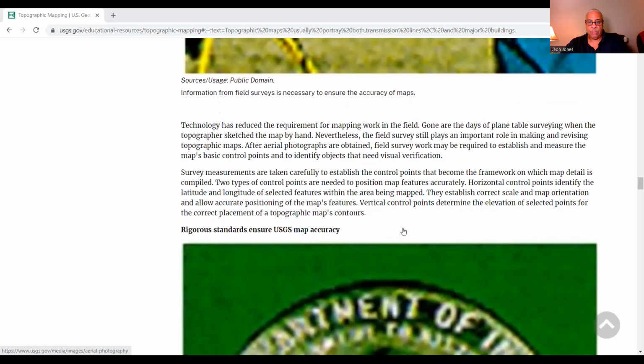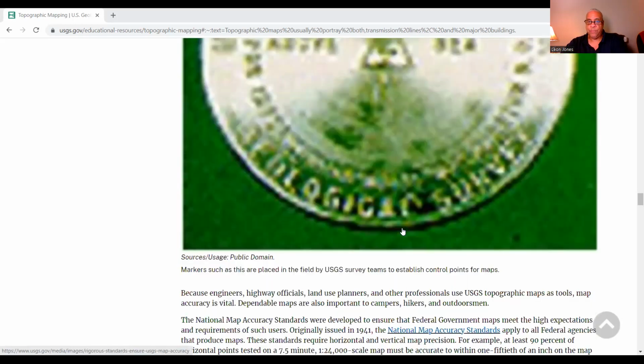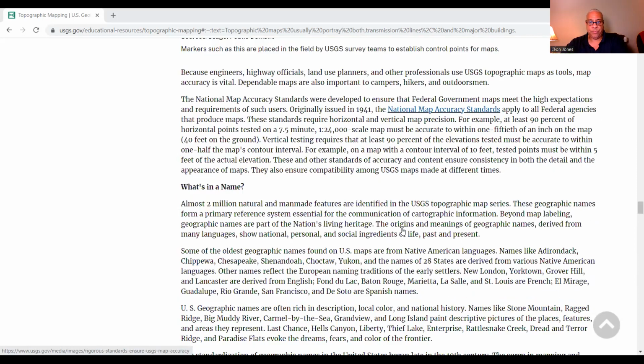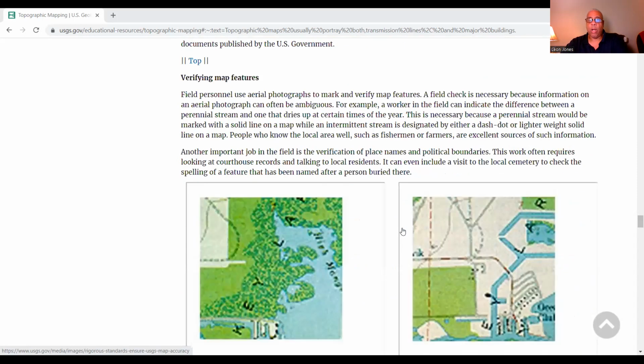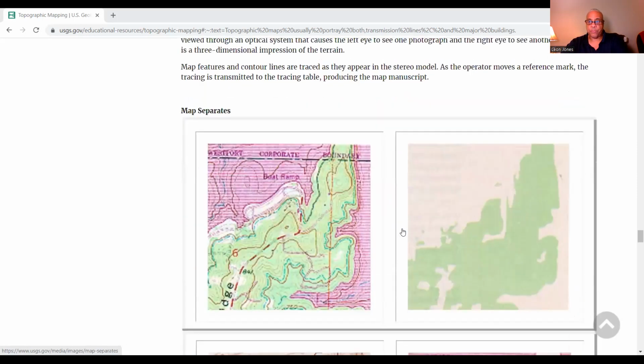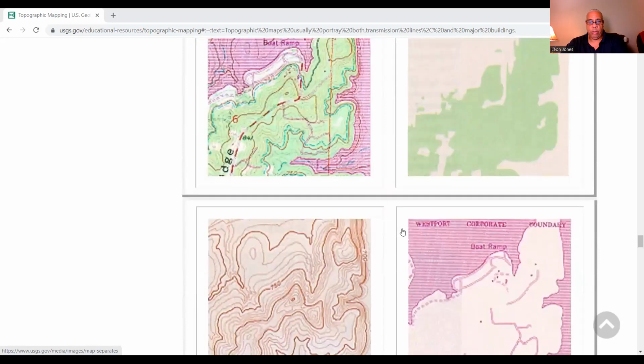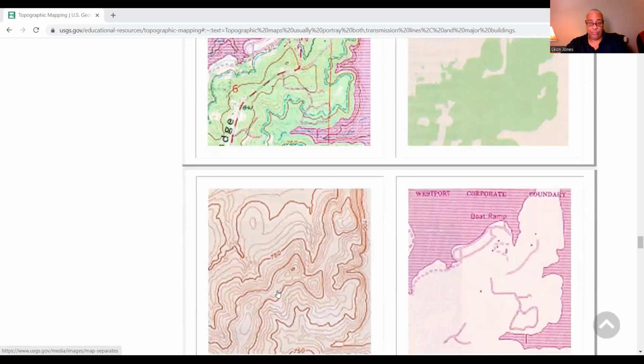And you can see a lot of surveying technology as I scroll down. But what I want to show you, as I scroll down, see some of the contour lines. Right there, that's 750. That's an elevation, made at 750 feet above sea level.